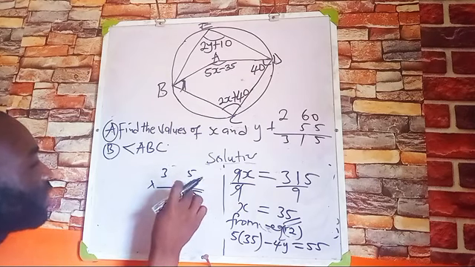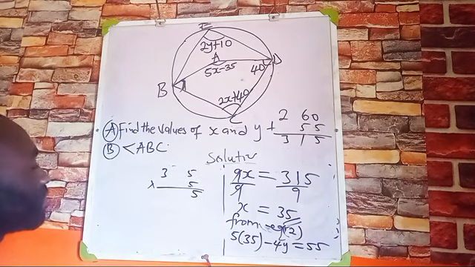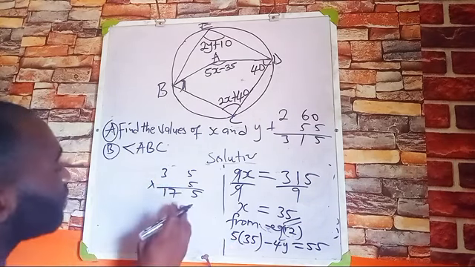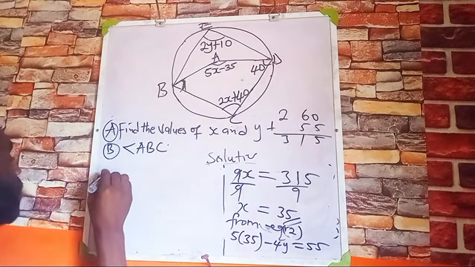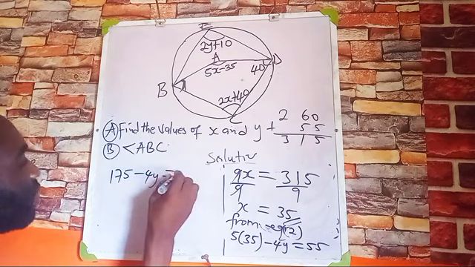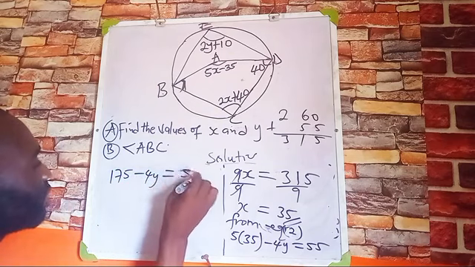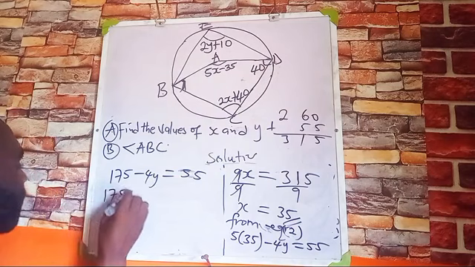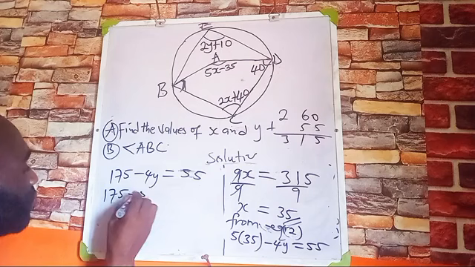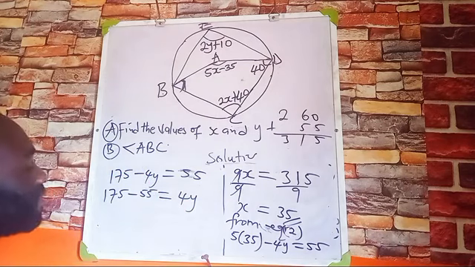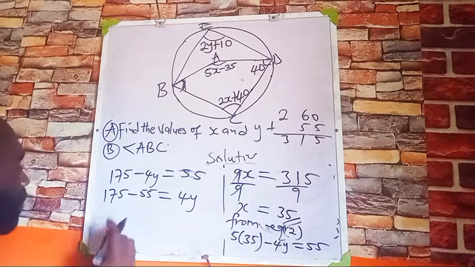Write 5, carry 2. 5 times 3 is 15, that is 17. So 5 times 35 is 175. So 175 minus 4y is equal to 55. Now we collect like terms. 175 minus 55 is equal to 4y, because when you take 4y to the right hand side, the sign changes to plus, and this one will become minus.